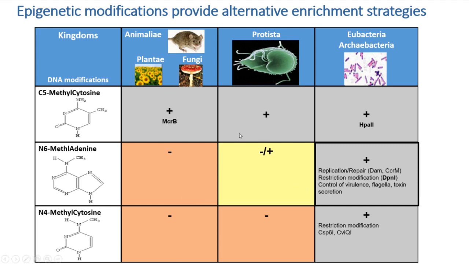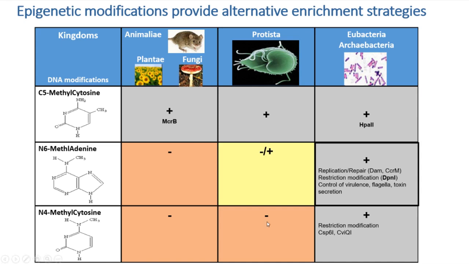So what you can notice here is that in addition to there being several other bases or modified bases that are present in the bacterial kingdoms, N6-methyladenine, N4-methylcytosine, they have unique roles in the bacterial kingdom: replication, DNA repair, and restriction modification. And we've taken advantage of some restriction enzymes to do enrichment.